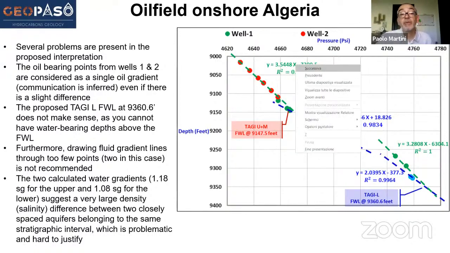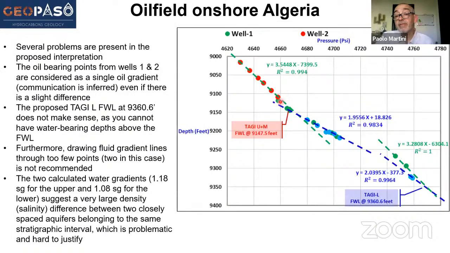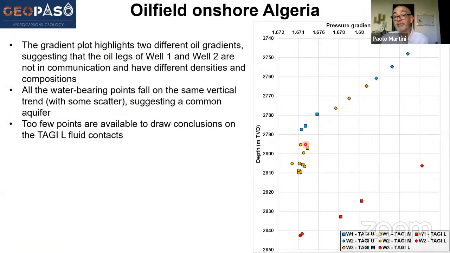So if you do the gradient plot of this same data, first of all, in the oil leg, you realize immediately that there are two separate gradients. So the oil gradient in well 1 and the oil gradient in well 2 are not the same. So most likely they are separated. There is a separation, and given the structural map of the field, I can really understand that.